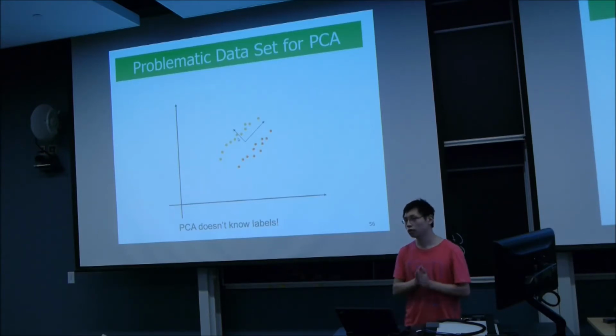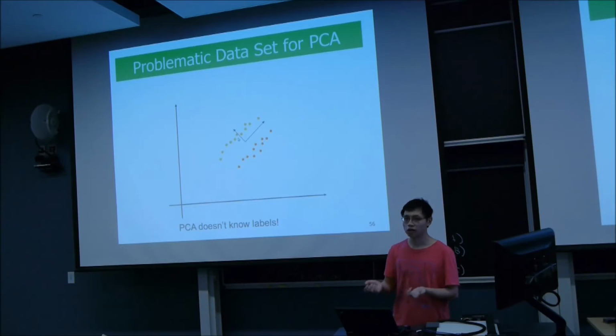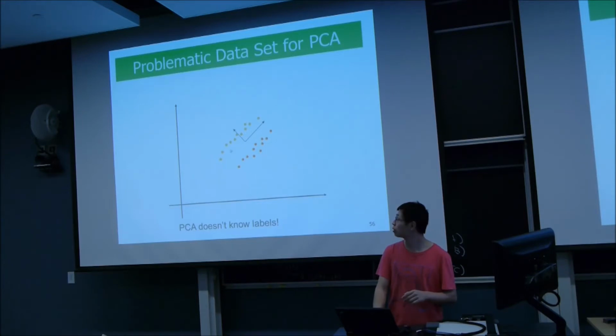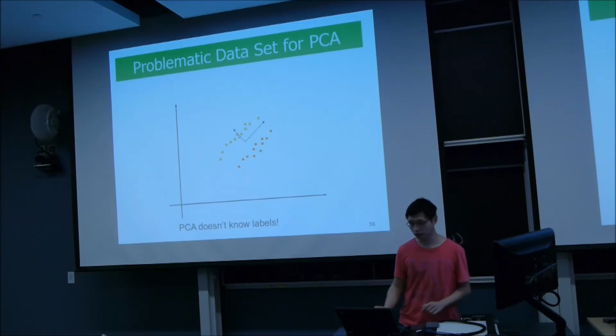If we want a one-dimensional reduction, you just keep this one. This is not what we want. Actually, we want to find a hyperplane that separates these two data sets, so what we want is that direction. PCA does not know that.